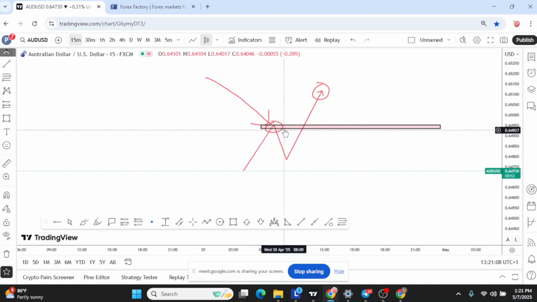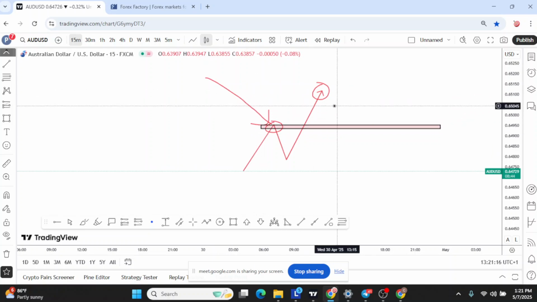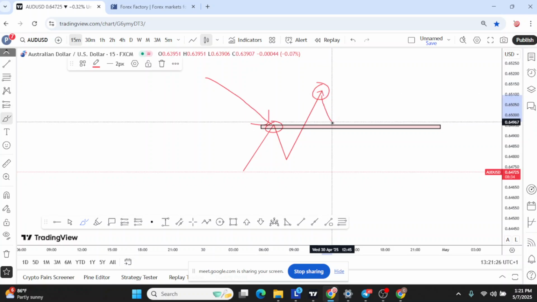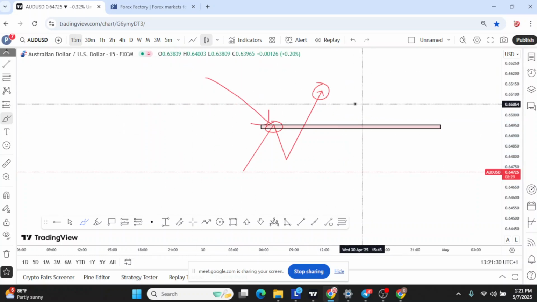So we now make use of the previous high. We expect that this previous high should be able to hold price from going lower. Since we've been able to identify that this trend is bullish, we don't expect the market to keep tanking down. We expect it to push up.